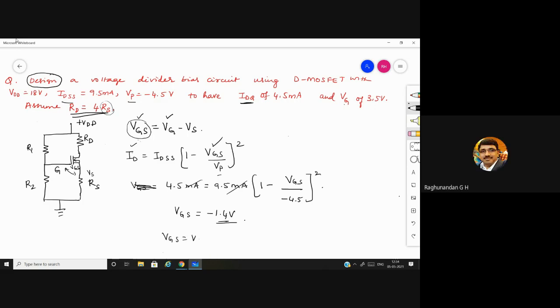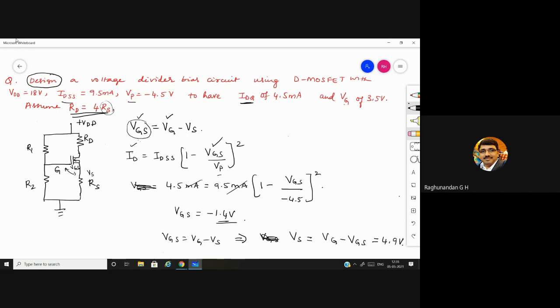VGS is equal to VG minus VS. So we need VS. So VS is equal to VG minus VGS. What will be the source voltage? 4.9 volts, sir. It will be 4.9 volts.